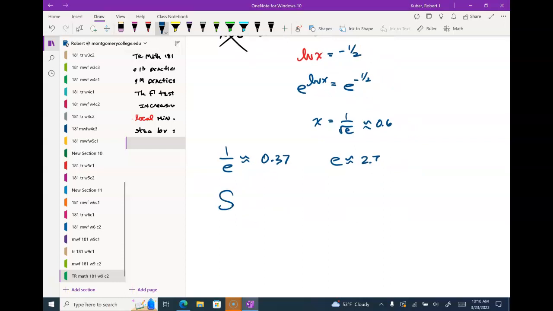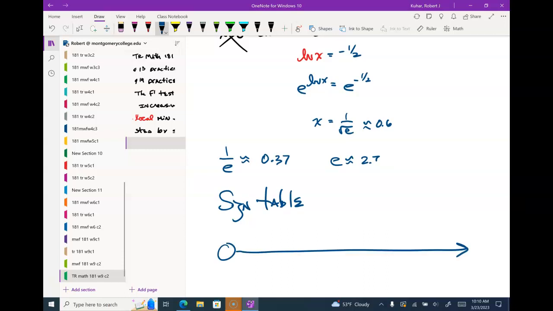Okay, here's my sign table. I know I'm using a number line now as my sign table, and I want to partition it with the criticals. So the only critical I got was 1 over the square root of e. And I want to test values left of, right of, and in between all my criticals.